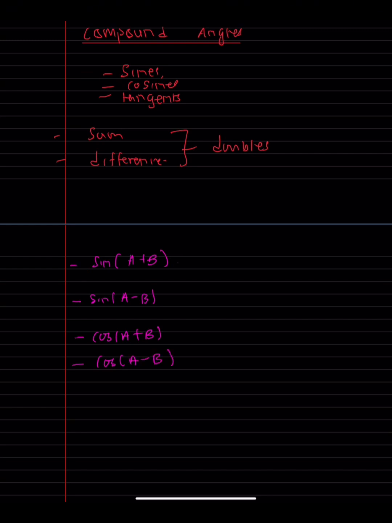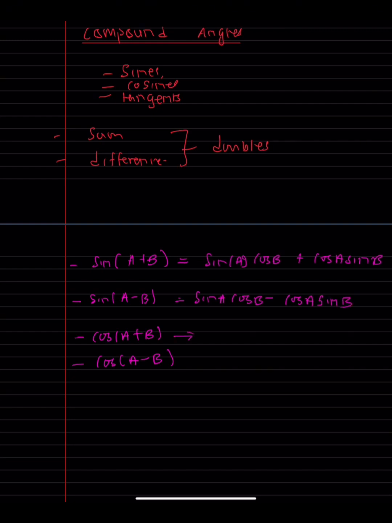Sine (a plus b) gives us sine a cos b plus cos a sine b. Sine (a minus b) gives us sine a cos b minus cos a sine b.